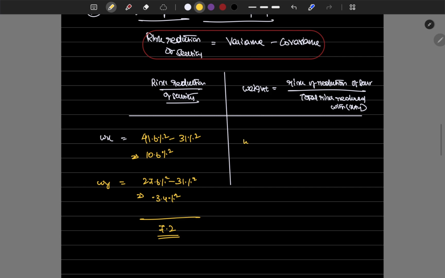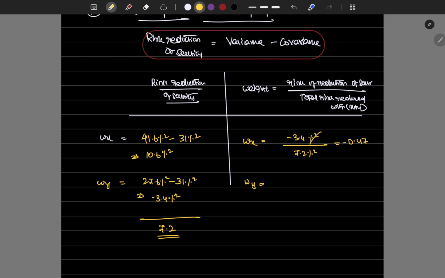Now, what's the weight of x, equal to the risk reduced by y divided by total risk reduced. What's the risk reduced by y, which is minus 3.4% square. Total risk reduced is 7.2% square. So 3.4 divided by 7.2, which is minus 0.47% square. It will get cut, no? So no sign should come.